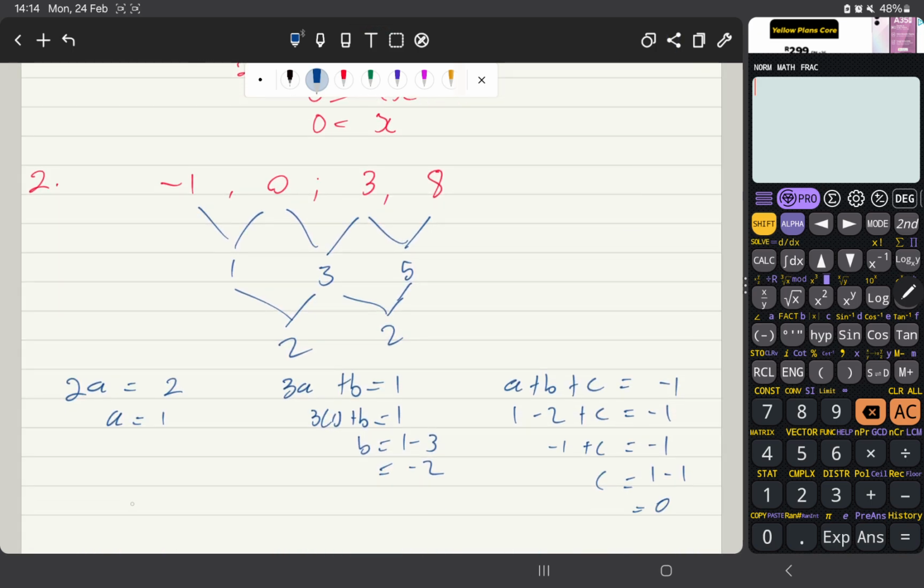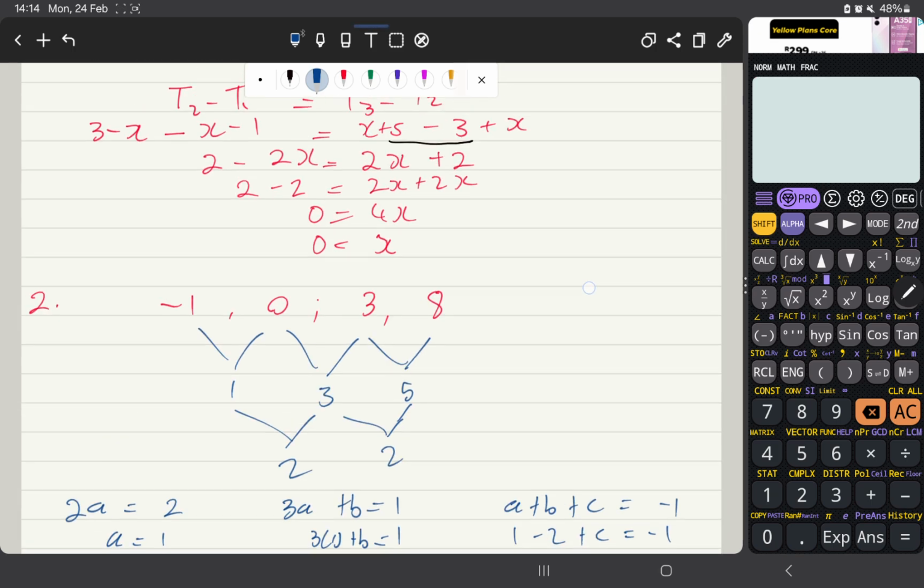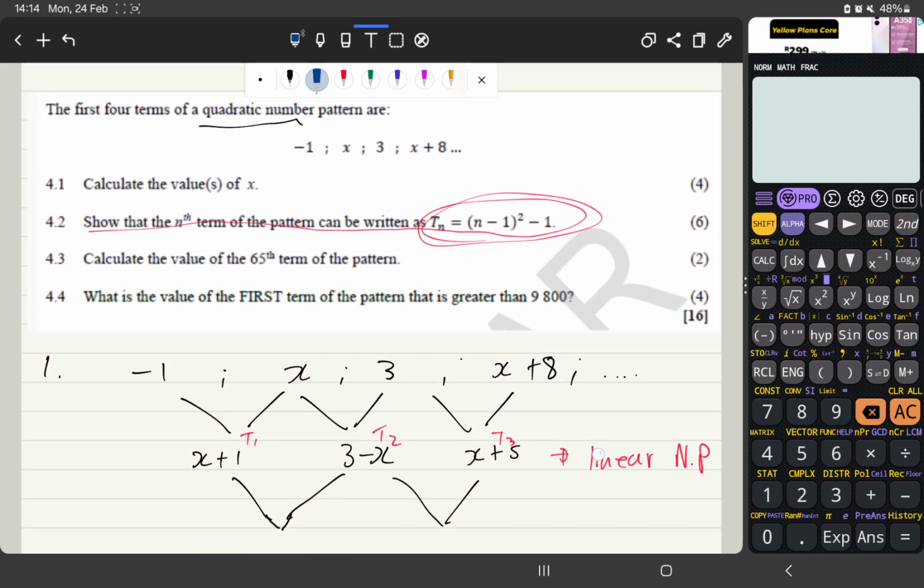So it looks like your function is gonna be n squared minus 2n plus 0, right? I can just leave it like this, né? So now I go back and I try to see.